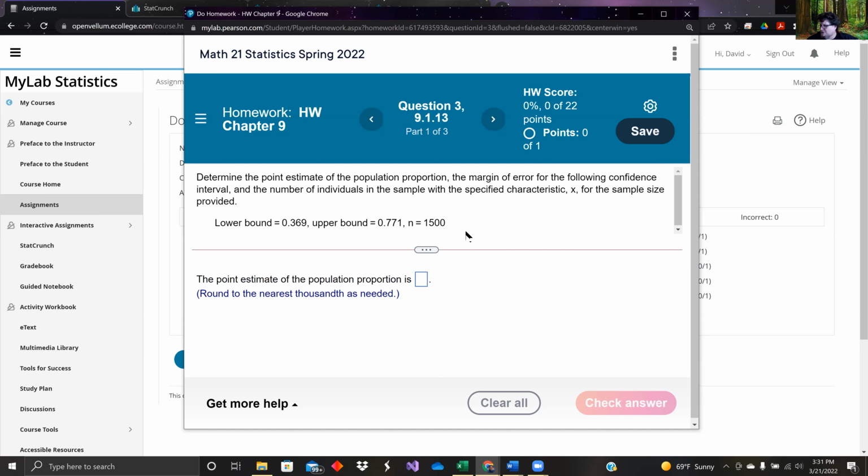My lower bound or lower limit is 0.369. My upper bound, which is another way of saying upper limit, is 0.771. And I have n equals 1500. And they want the point estimate.